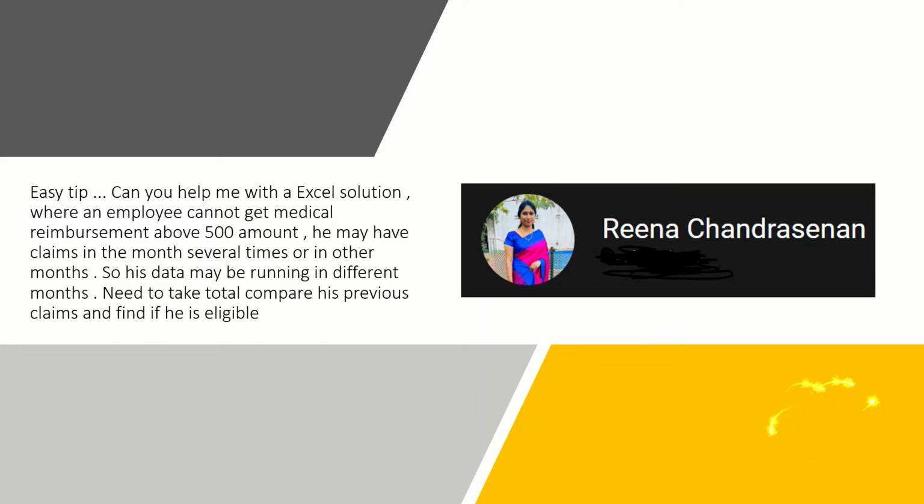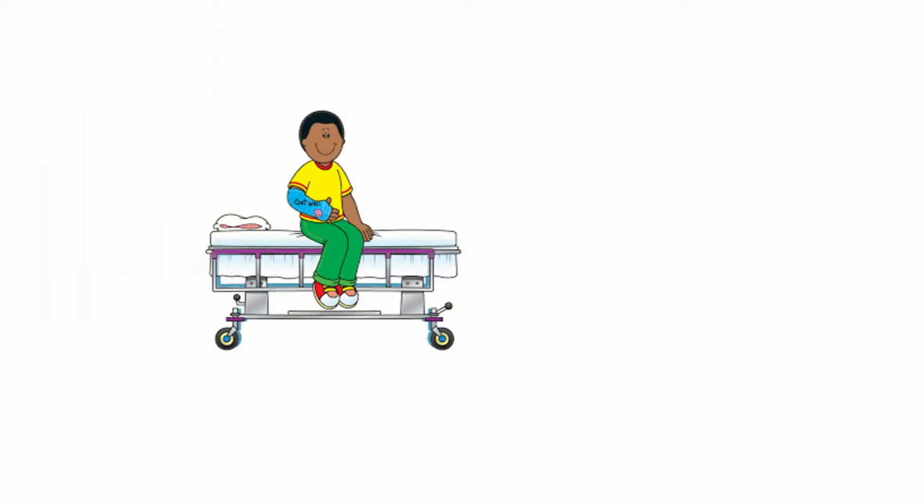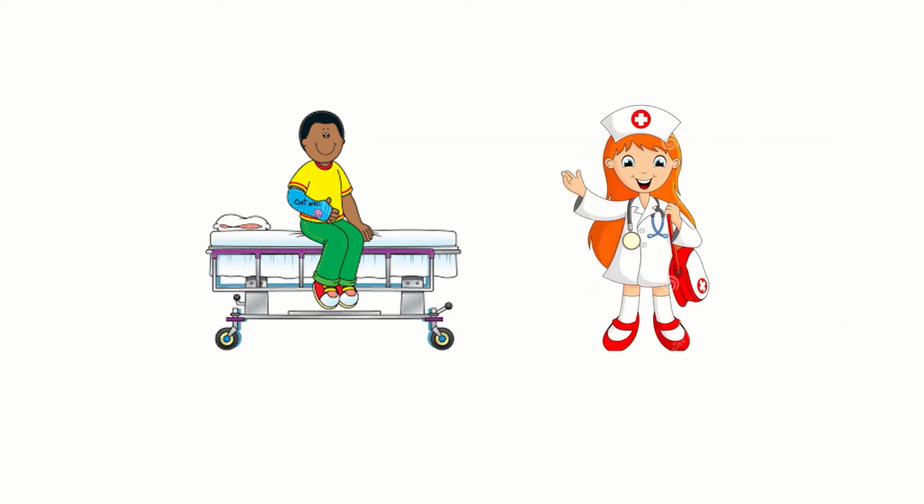First of all, Rena, thank you very much for this question. I will explain a little bit visually how the question is actually working, and then we'll come to the Excel spreadsheet as well. So basically, we have a patient here, and definitely the patient has a doctor as well. While the doctor is serving and supporting, the patient comes with a Medicare insurance limit of 5,000. This means that whatever is spent over that, the patient has to pay.